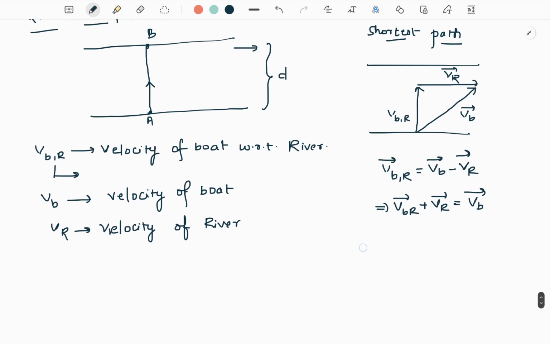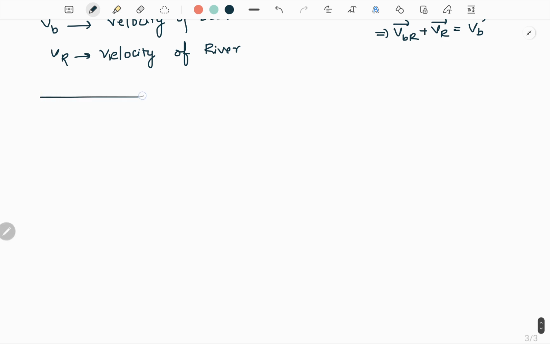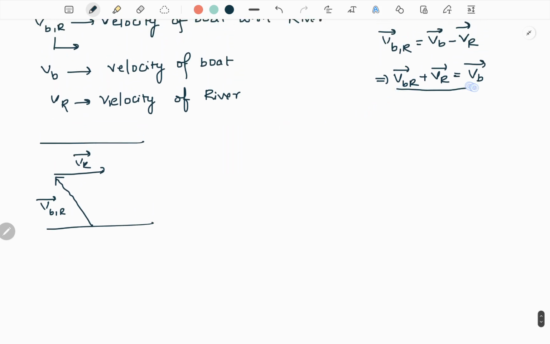So what we do in this particular case, just 2 minutes. If this was the river, we drive the boat in a particular direction, something like this, such that VBR plus VR, as you can see from here, gives us VB.